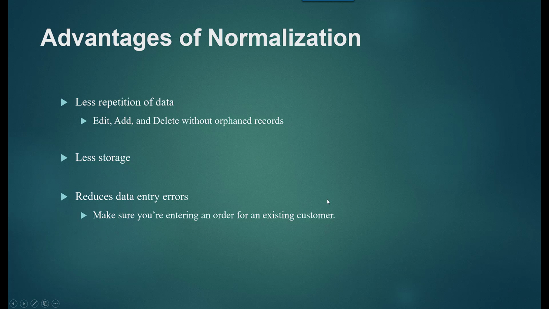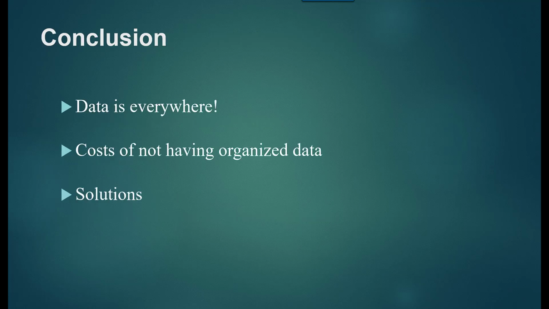If you enter an order, you can make sure that customer does in fact exist. You're not making a mistake, entering the wrong name, entering the wrong ID, and that type of thing. So data is everywhere. Hopefully you've seen the costs of not having organized and normalized data, and we've seen some, if not all, of the solutions that we can use to avoid these issues.